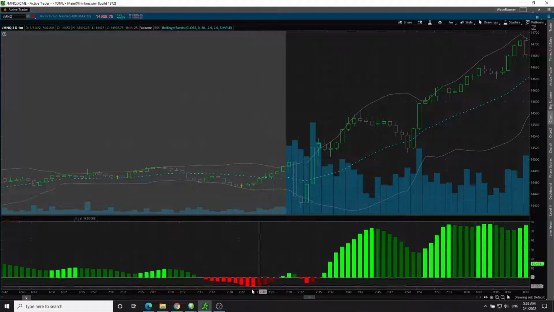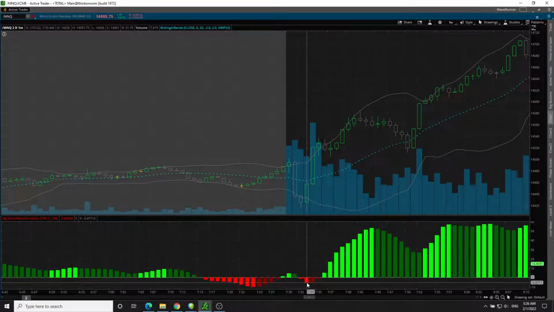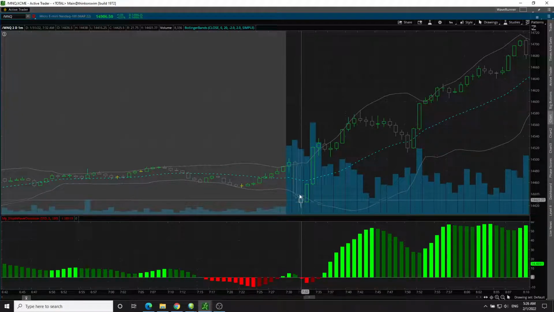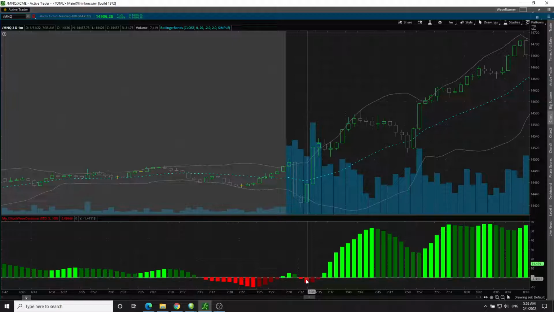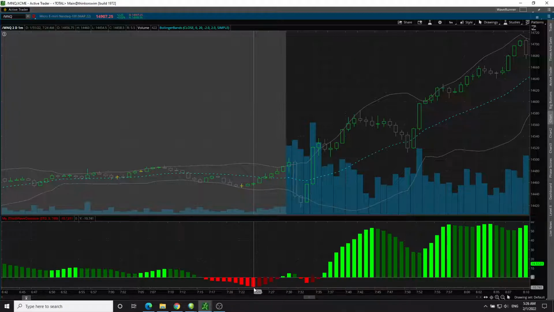But it doesn't do it with much enthusiasm. It's a lagging indicator, but this histogram bar doesn't push down and make a new low below this one right here. It's got to go below this to demonstrate that there's more enthusiasm for selling.